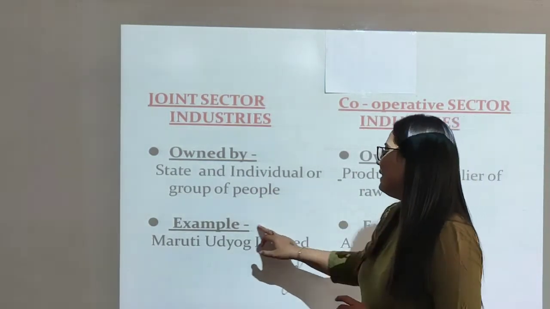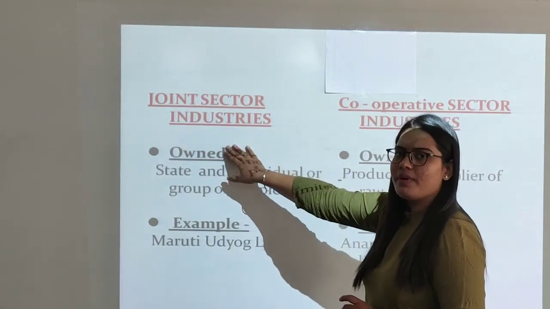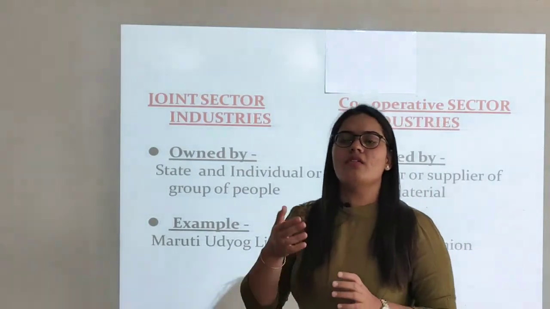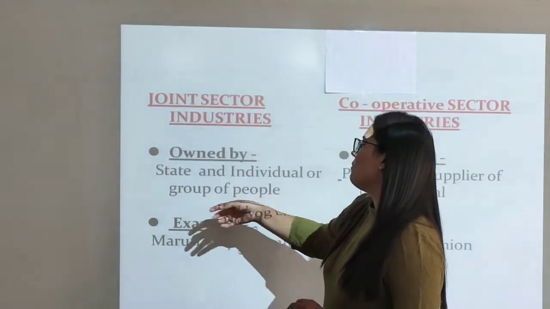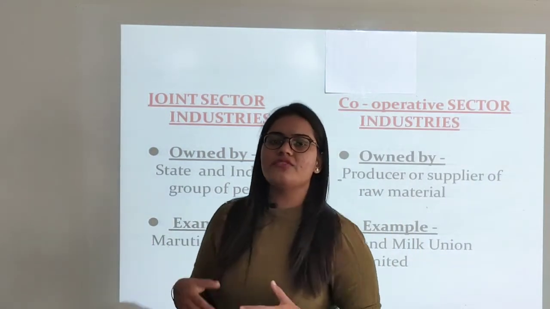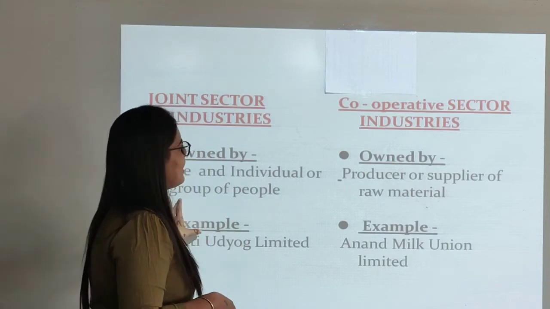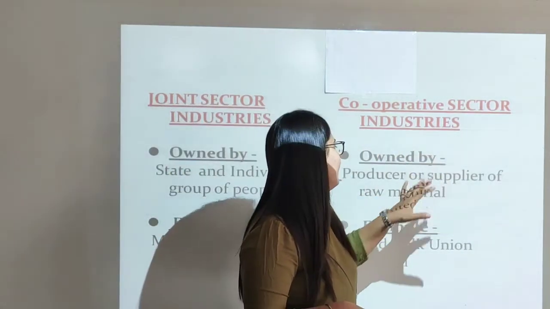The name Limited itself indicates that it is a joint sector company. The private sector will have Private Limited. So it is owned by the state, and the individual or the group of people together form a joint sector industry.